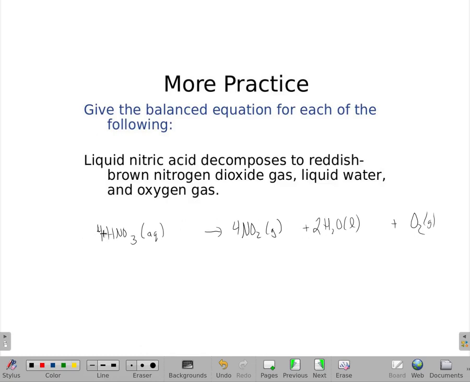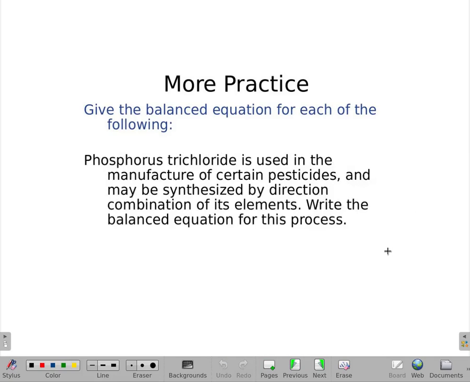And now I have 4 times 3 oxygens, 12 oxygens, 8 oxygens plus another 2, 10. To get the 2 more, we just need 1 O2. So that is now balanced. And pretty sure that, yeah, 2 more, and then we're done with our practice ones. All right, so we're going to do another one of these.